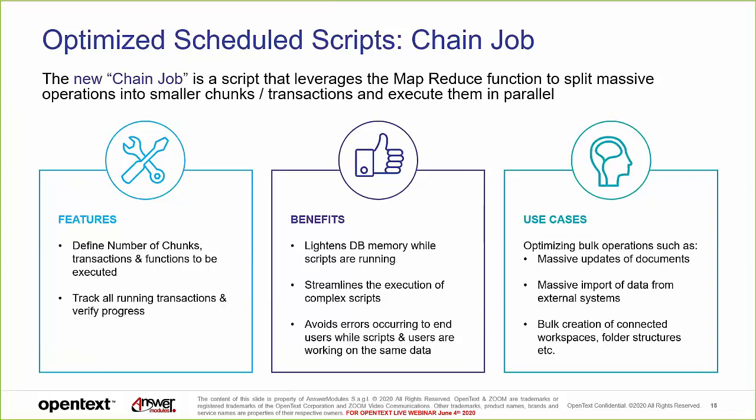So the possibility to implement in a single script, very quickly and very efficiently, a chain job, something that allows it to leverage the MapReduce functionality exposed by the distributed agent framework to process a massive amount of data into smaller chunks and in a very secure, reliable way.